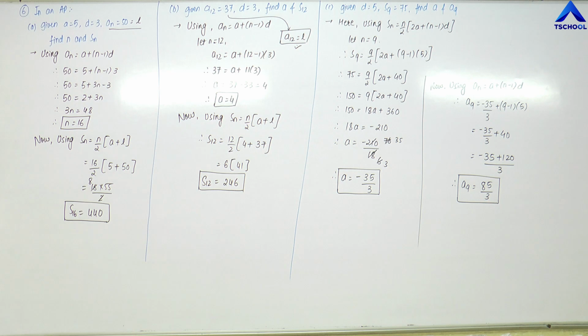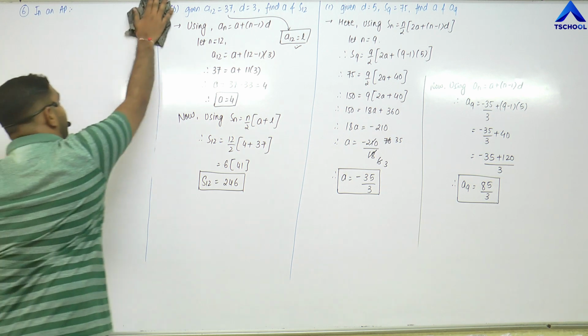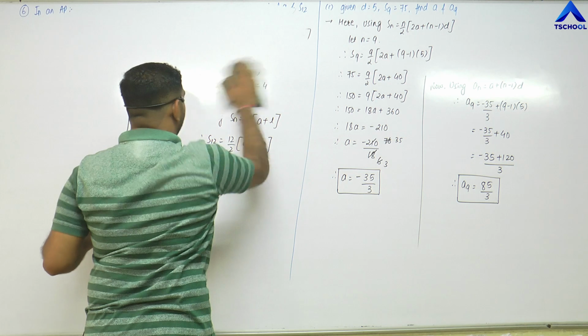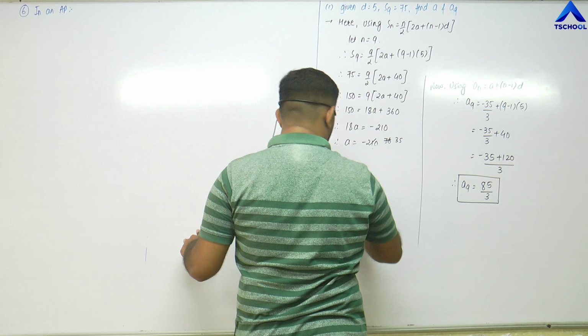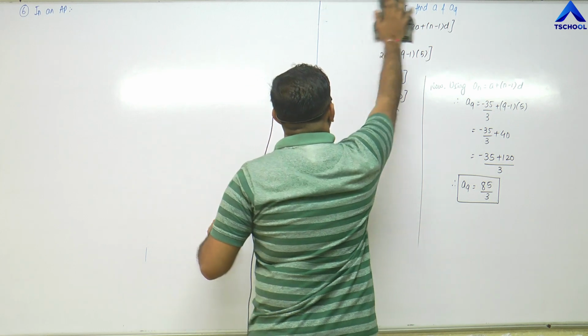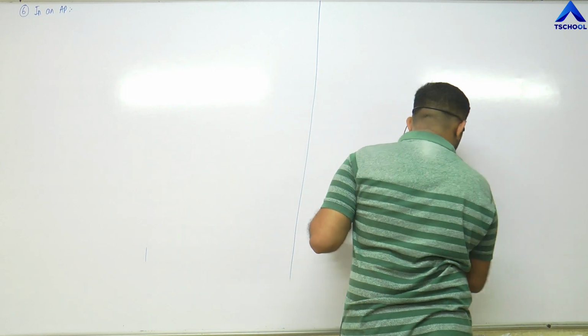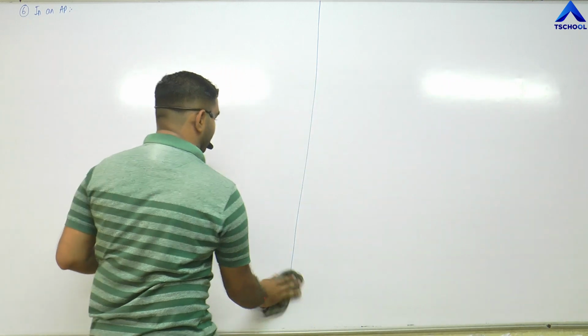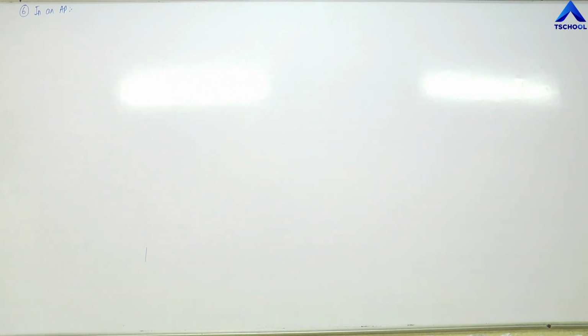Okay, good. Now let us try to solve some more sums related to this same topic, so that we can practice to the most. Friends, there are some more sums related to this same topic in the textbook. You can look there for the questions and try to solve the remaining by yourself, because it is not possible for me to solve all the sums here on board in this lecture.